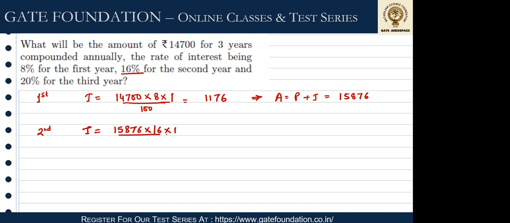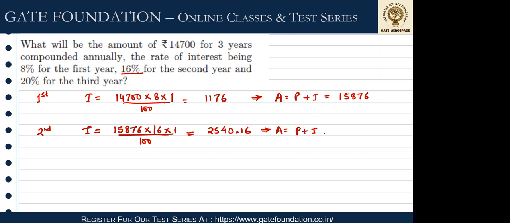Time period 1 है, divided by 100. So if you solve this one, you'll get 2540.16. तो ये हमारा इंटरेस्ट आ रहा है.